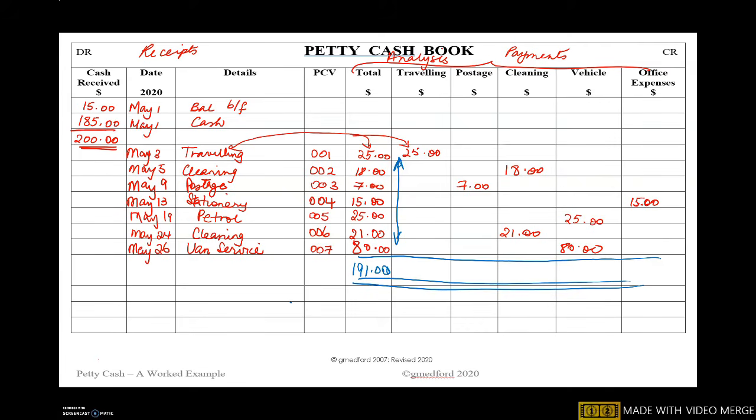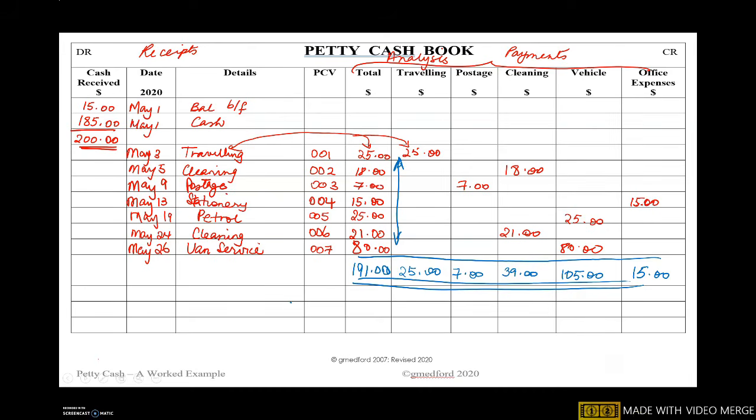And if we total each one of these columns vertically, we'll get $25, the total of traveling, $7, the total of postage, $39 would be the total of cleaning, $105 the total of vehicle, and $15 the total of the office expenses column.